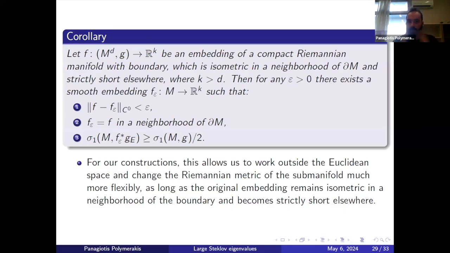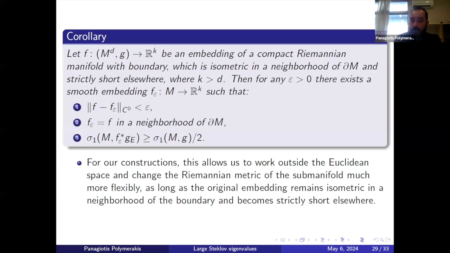Okay, so basically, if we are somehow able to apply this corollary, we are able to find submanifolds of the Euclidean space, namely this F epsilon of M, which have the same boundary as the original submanifold and are close to the original submanifold. However, the first eigenvalue is comparable to what happens outside the Euclidean space. And basically, this is the central tool for the constructions of this second part of the talk.